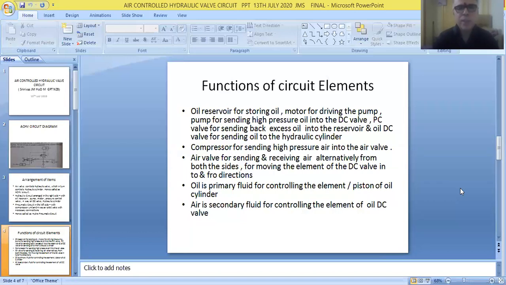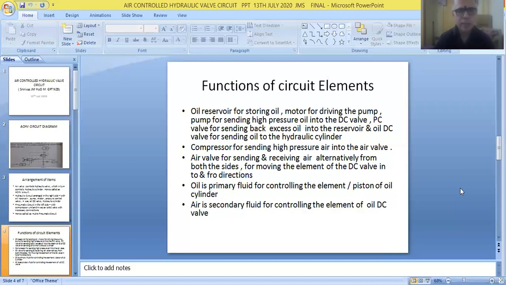The air valve sends high pressure air for moving the element of the DC valve to and fro. It sends air to one side of the hydraulic DC valve and receives air from the other side. Therefore, this air valve is ultimately used for moving the element of the hydraulic valve to and fro.